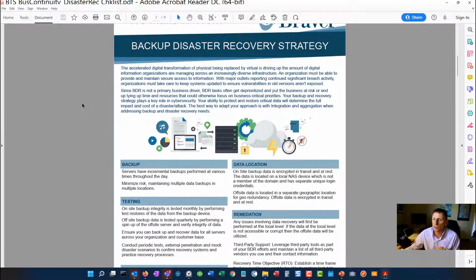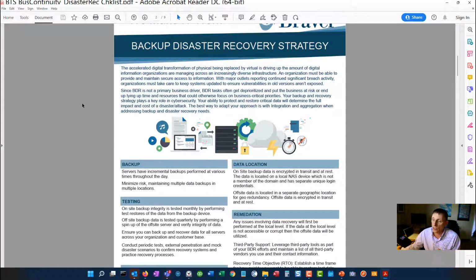First thing we're going to go over right here is the number one question that your insurance company asks: what is your backup policy? We put down what the backup policy is for our typical client. Obviously, this is going to vary on your individual site, but we put down a document that already states this, so that when you send it to the insurance company, they're going to say, wow, these guys are on top of things.